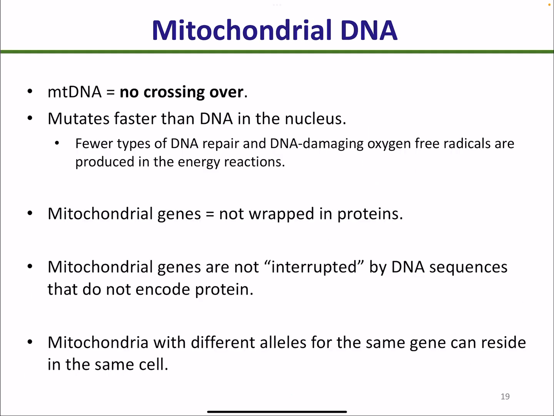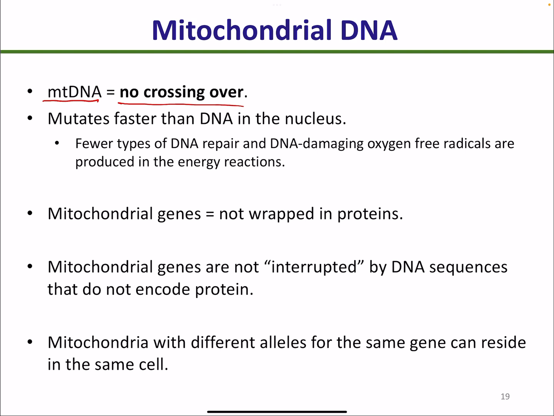So there are a few characteristics about mitochondrial DNA. What are those characteristics? One is that mitochondrial DNA does not experience crossing over, which means there is no possibility of recombination of DNA in there.